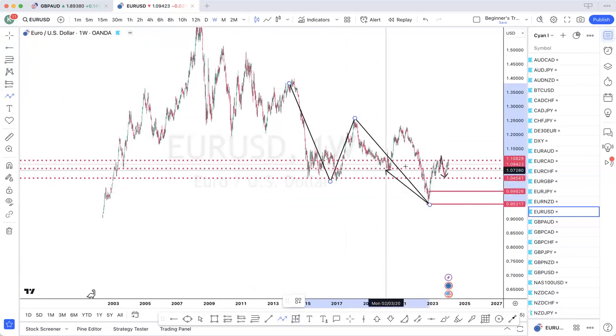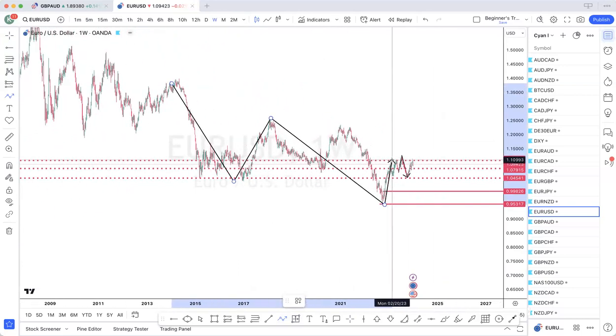This push back up into, like we said, a key level. It was probably marked up on the daily. But all this broke structure. Then we got a change of character here, a push back into the 78.